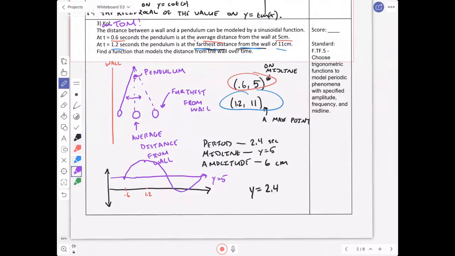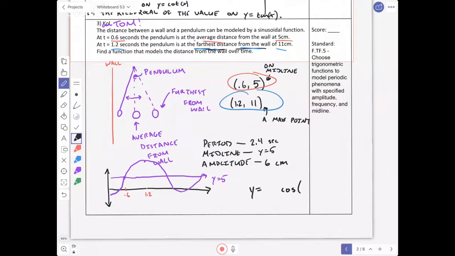But it's looking to me, if I continue this back to 0, that the easiest way is going to be with a negative cosine curve, because it starts at a low point. 0 looks like it's a low point. So I'm going to say negative cosine. Sorry, the amplitude was 6. My fault. That should be 6 out there.